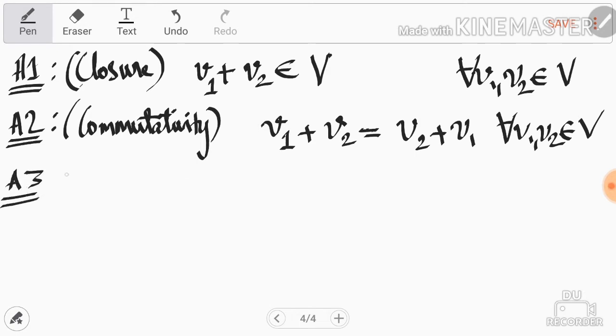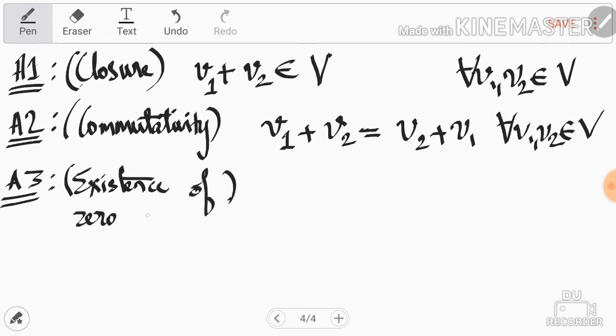The third property is one of the most important properties, and it's called the existence of zero, which means that there should exist a special element called the zero vector belonging to the space V. This is simply a notation. The zero vector is simply a notation.